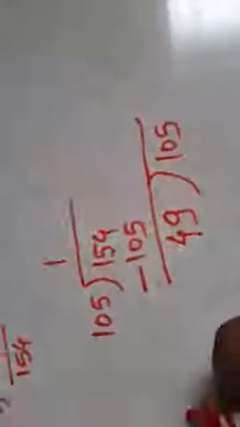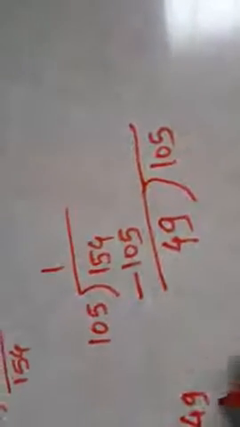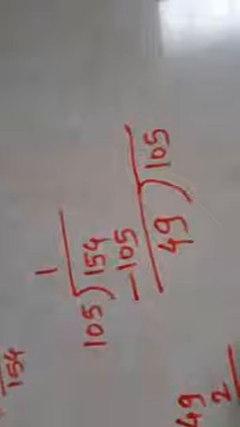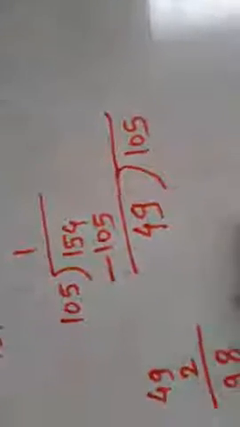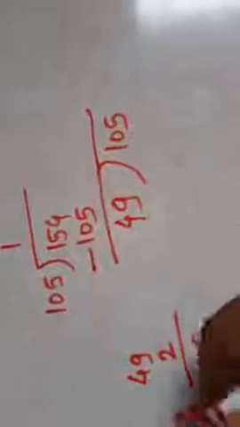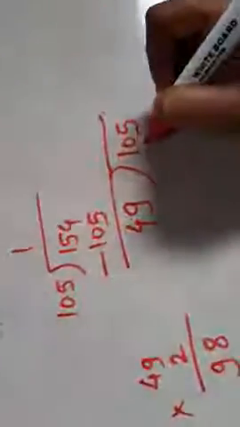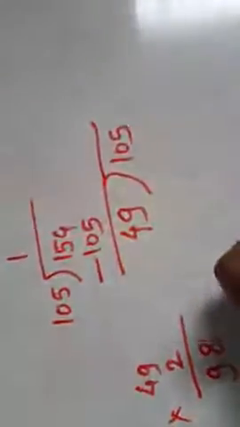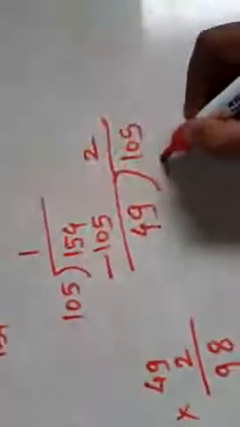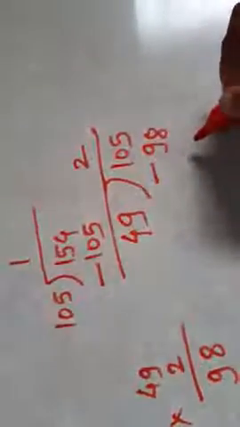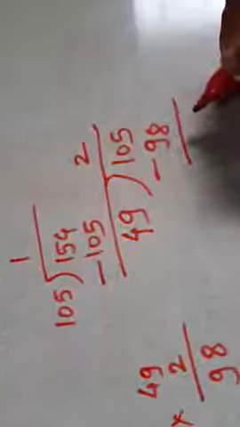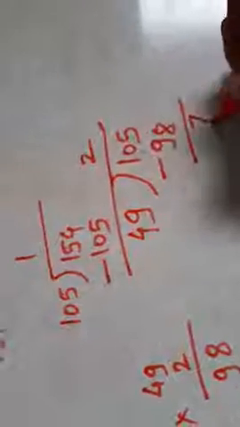So it will be 105. Now 49's table we will check. 49 2s is 98. So this number is near to 98, so we have to take 2s, subtracted by 98. So it will be 7.